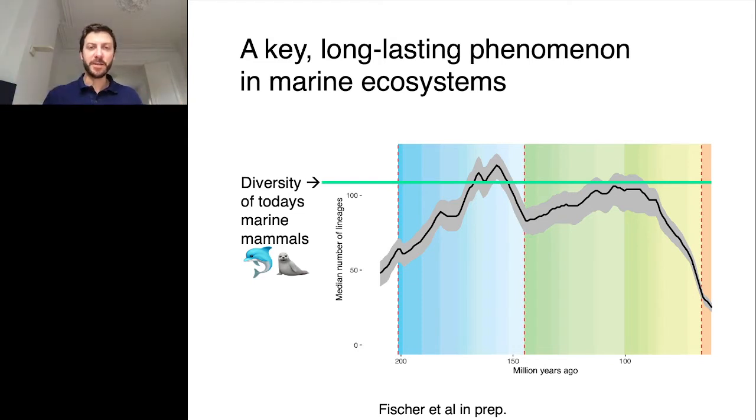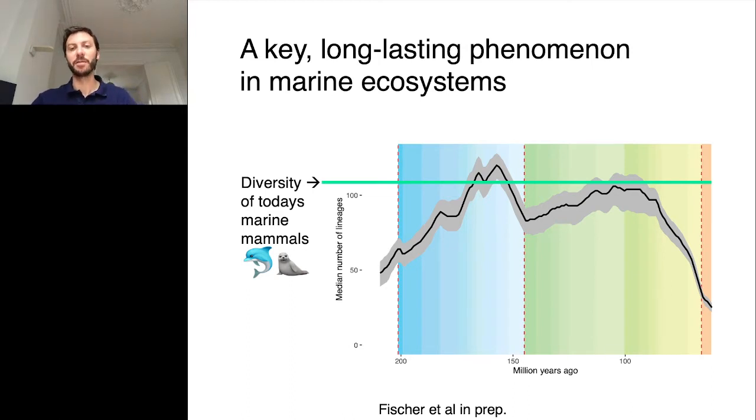For example, I've been using this super tree to derive the number of lineages through time for the Jurassic and the Cretaceous. And even though the fossil record is obviously extremely imperfect, especially for all these large marine predators, we can, depending on how we reconstruct these trees, estimate that for at least some part of the Jurassic and the Cretaceous, the diversity of these animals was maybe higher than that of today's marine mammals.